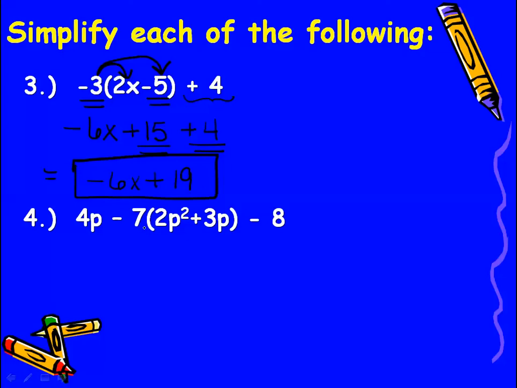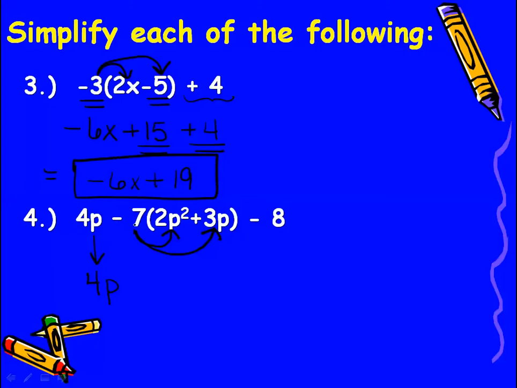In our last example, we are again going to use the distributive property to get rid of the parentheses. In this case, I distribute negative 7 to 2p squared and negative 7 to 3p. We're simply going to bring the 4p down in front. We're going to do nothing with that right now. Remember, as you're distributing the sign with the number.